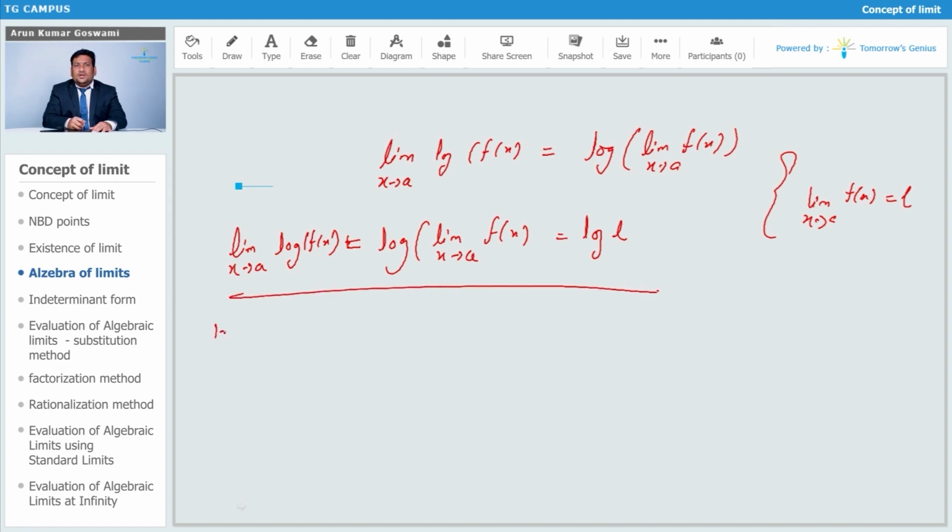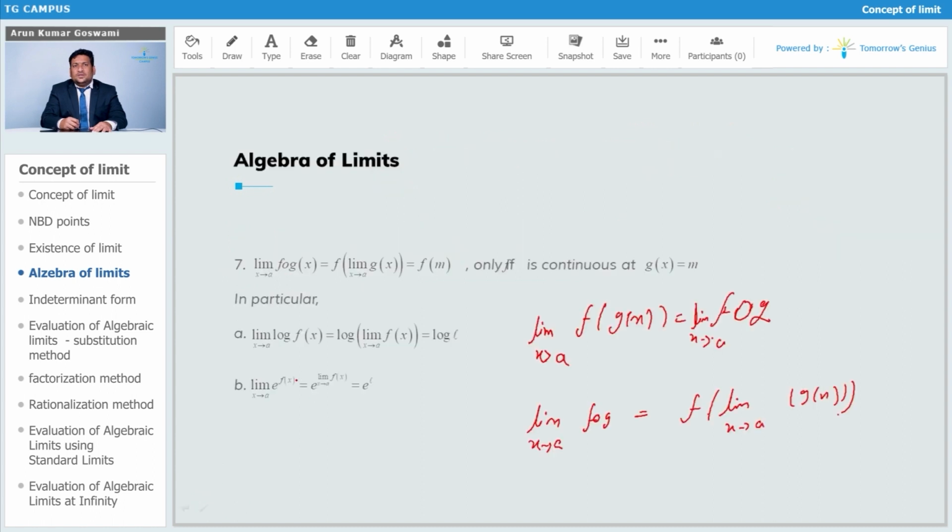Okay, now if I deal with the b case, you can see that e to the power f of x.